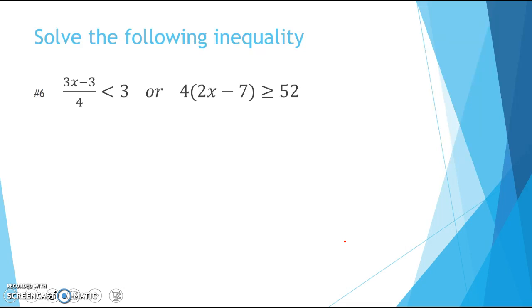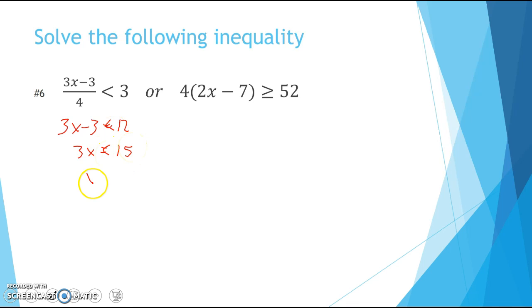I want to ask you to solve it, graph it, and then write it using interval notation. So to do the first one, I'd probably get rid of the fraction and multiply both sides by 4. So on the left, I'd have 3x minus 3 is less than 3 times 4, which is 12. Then if I add 3 to both sides, 3x is less than 15.